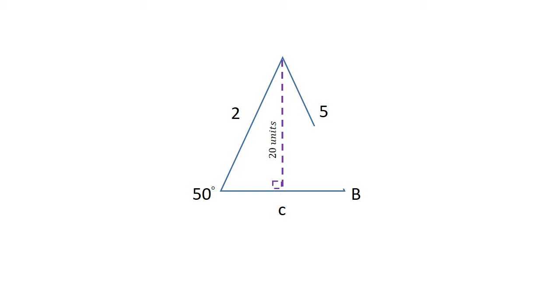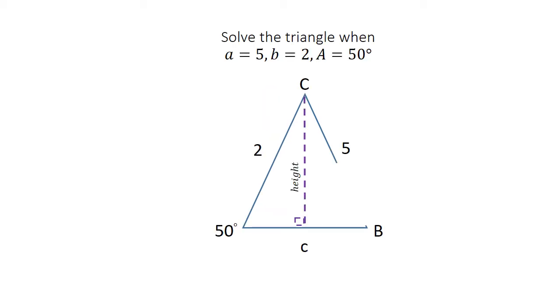For example, if this height is 20 units, then there's no way the triangle would close. Obviously, this height isn't 20 units if we do the calculations, but just to exaggerate a little bit, if it were as tall as 20 units, there's no way that 5 is going to reach down to the corner and close to create a triangle. Recall that triangles are polygons, which means they are closed-sided figures. So let's take a look.